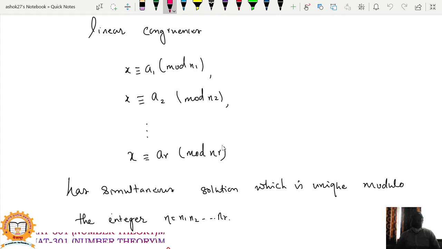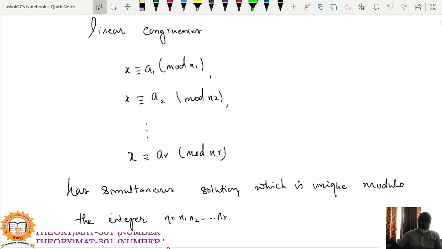This solution is given by the Chinese remainder theorem. So this is the statement of the Chinese remainder theorem.